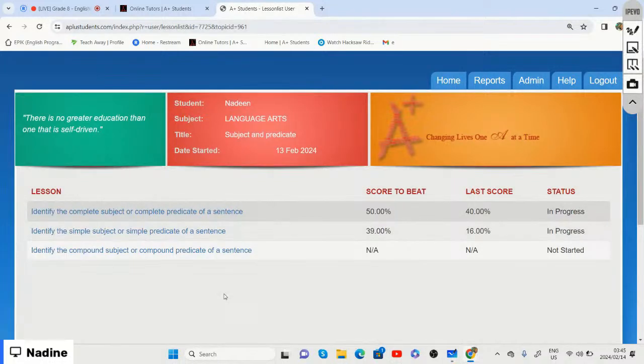And a complete predicate tells us literally the action that is being done and every other thing that tells us about the action. Then we have a simple subject, which is basically the noun or the pronoun. And the simple predicate is basically only the verb, without all the other extra words that tell us more about the subject.